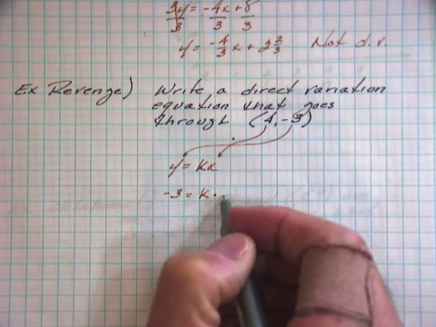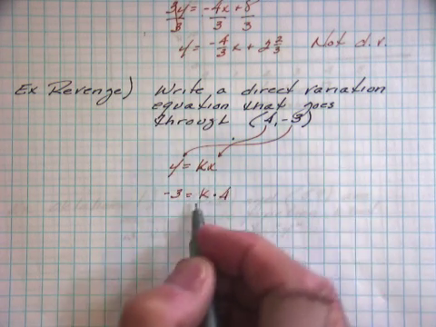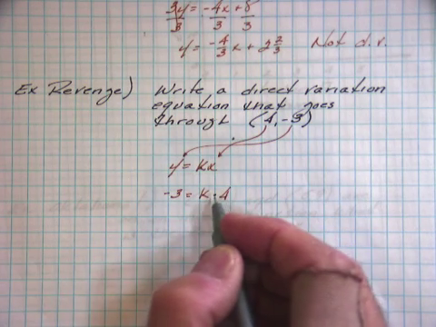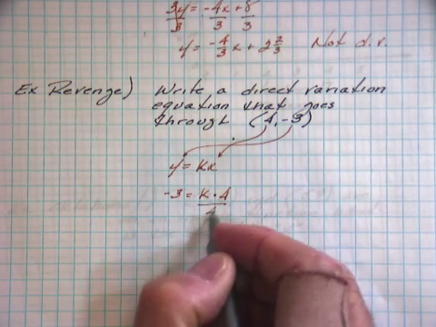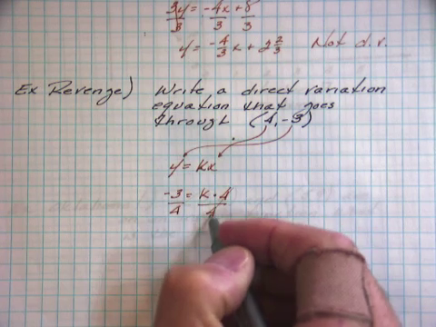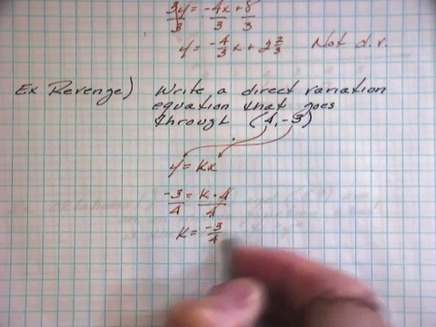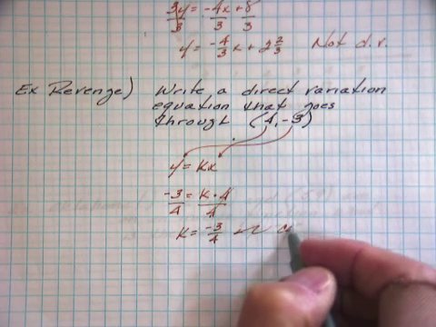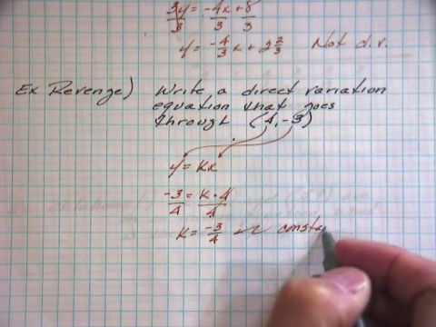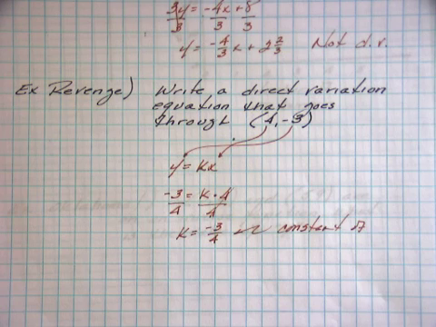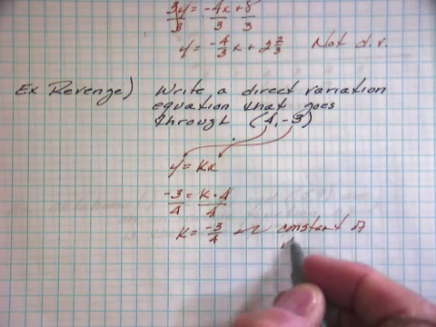Well, I have an x I can put in, and I have a y I can put in. So I'm going to go negative 3 equals k times 4. Okay? Divide both sides by 4. So this cancels, and I get k equals negative 3/4.